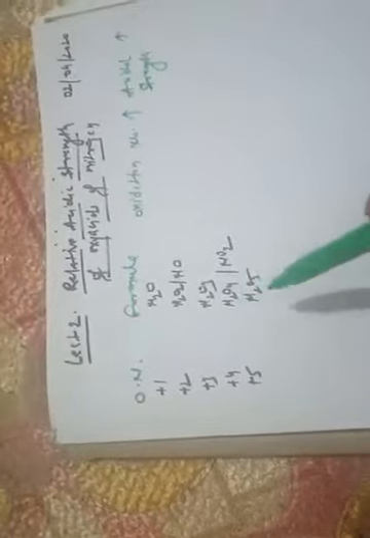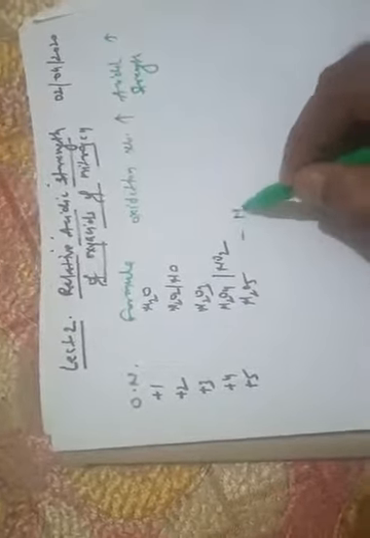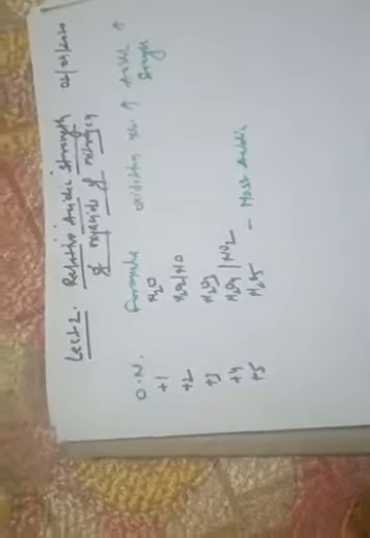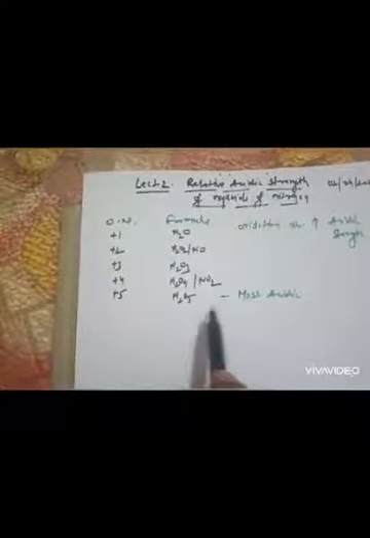So among all five oxides of nitrogen, N2O5 will be the most acidic. This is how you can decide the acidic strength, based on the oxidation state.